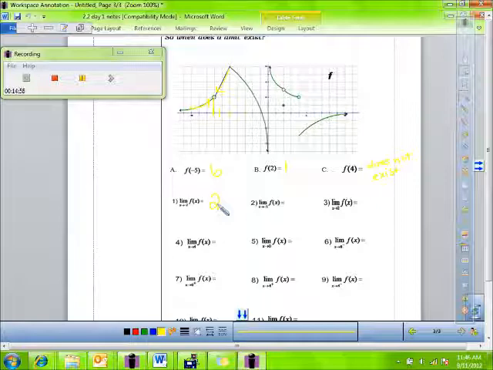Yes, because it has an open circle. So that's weird. You can have a limit, but does your function have to have a value at that place?